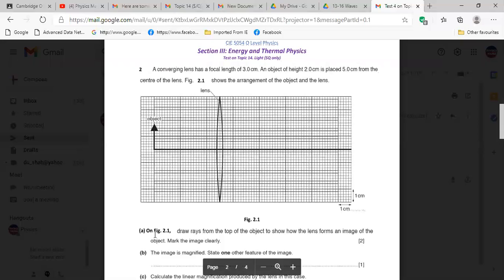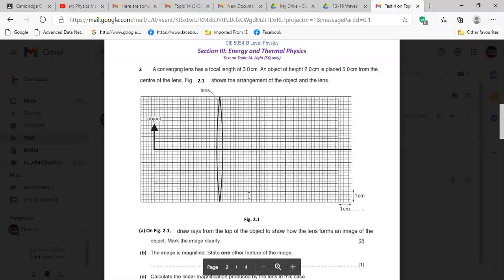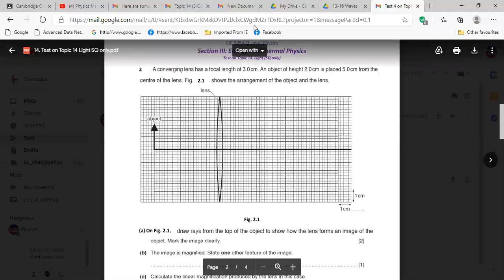Now on figure 2.1, draw rays from the top of the object to show how the lens forms the image of the object. Mark the image clearly. So what you have to do, Mahi, you have the graph paper in your house?